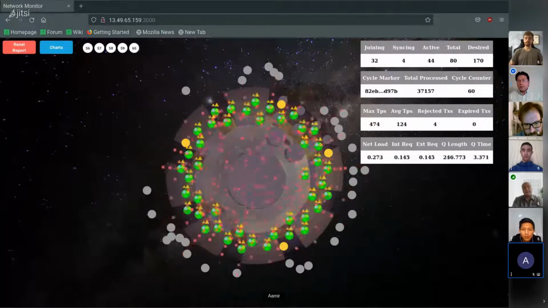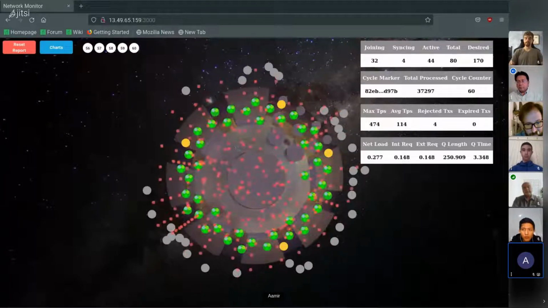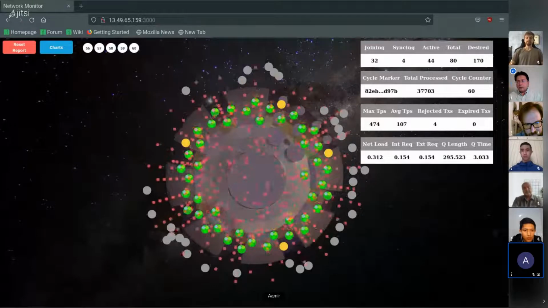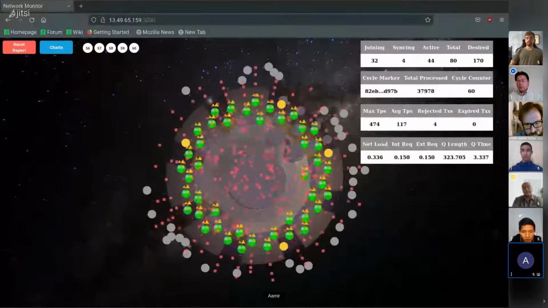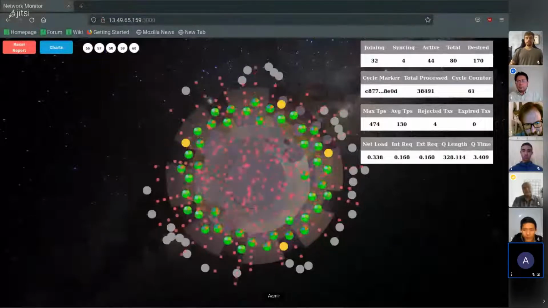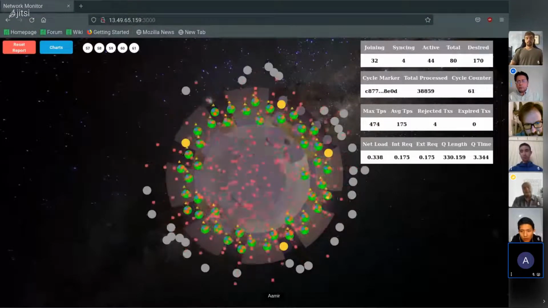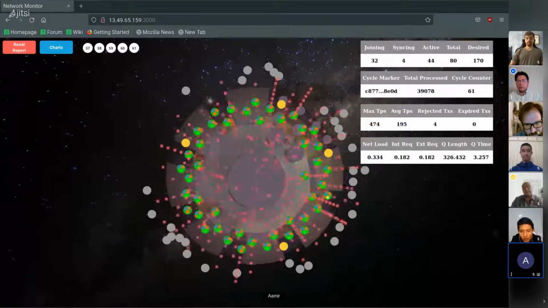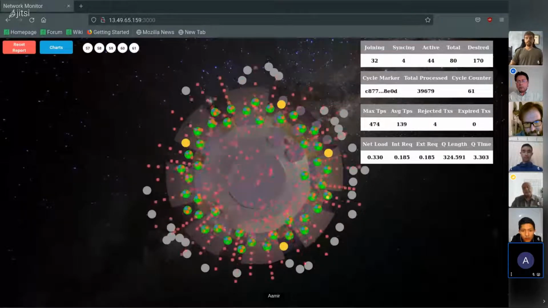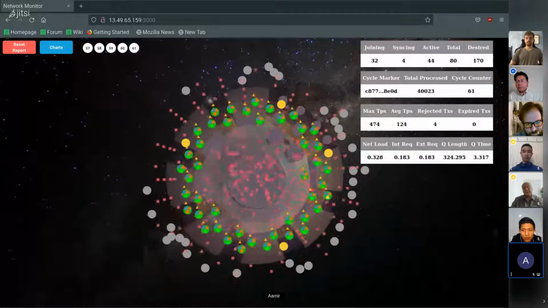And in that bottom box there, you can see things like the queue time, the queue length, the external requests and internal requests that the nodes are seeing, and then the total network load that the network is seeing.